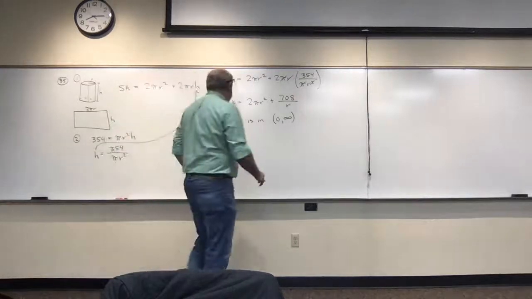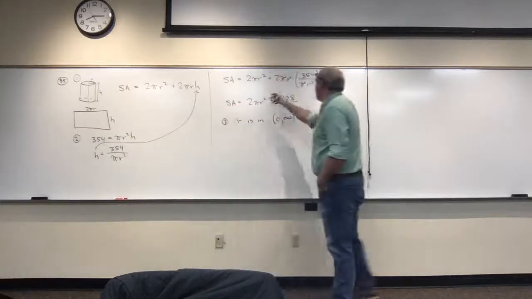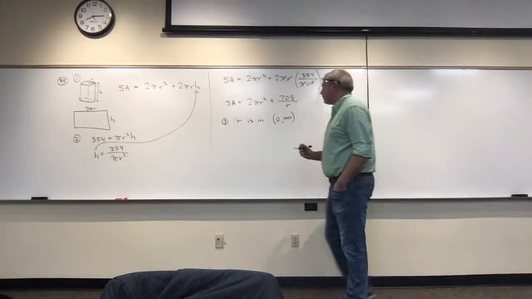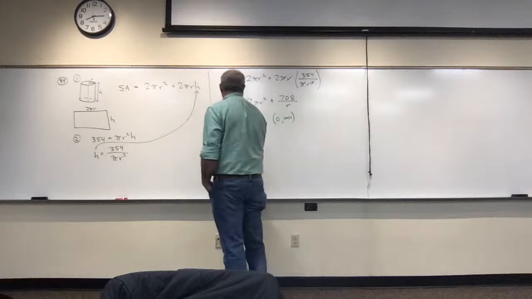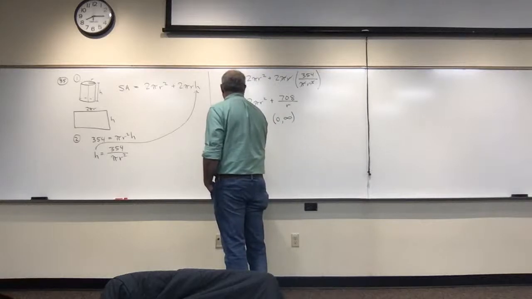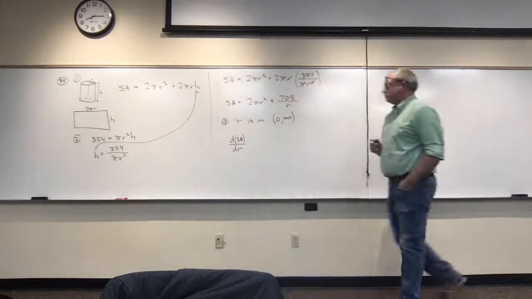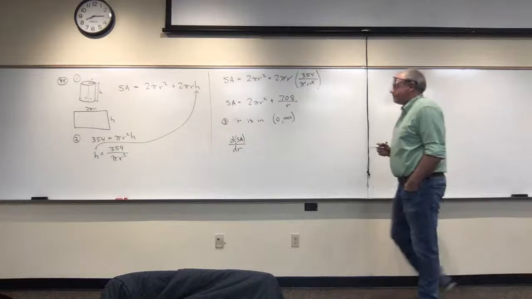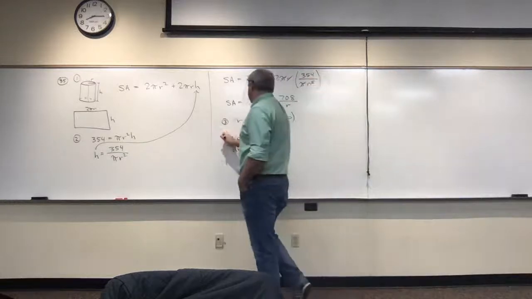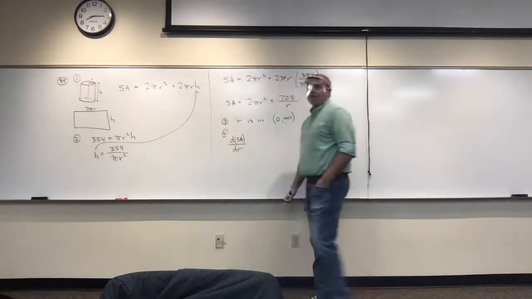So let's do it. On this one, I want to take a derivative. What is the derivative of the surface area with respect to r? So we're moving into step 4, actually doing some calculus.